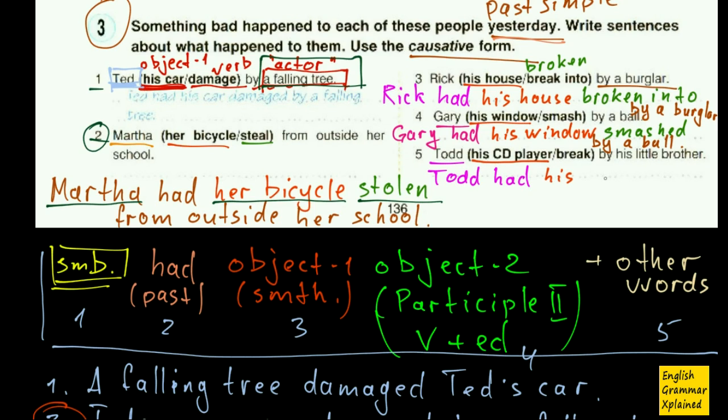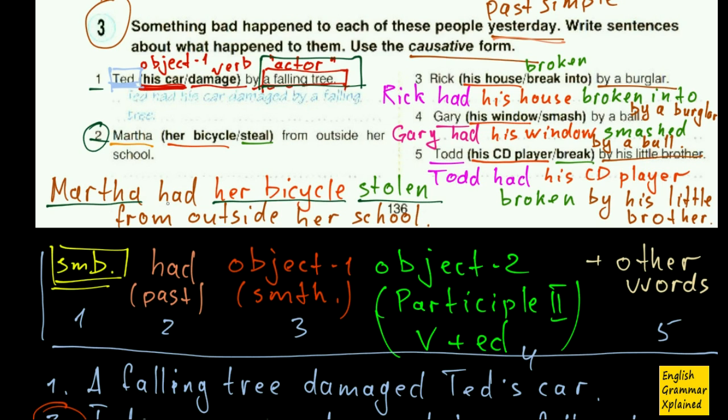Your object may be long, your object may consist of 1 word, or 2 or 3, or even more. Then goes break, or broken, because it's past participle. And then all other words. By his little brother. Here we have the actor. We know who broke the player. And this is it, we're done.